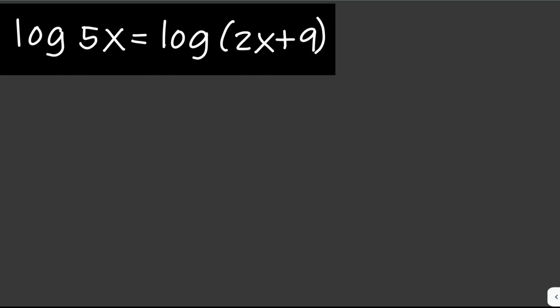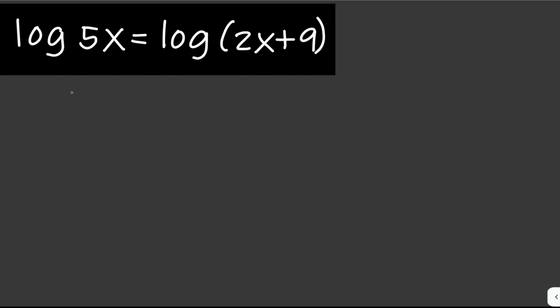Let's solve this. We're given logarithm of 5x equals logarithm of 2x plus 9. In this case, we can use the equality rule of logarithm, which says that if you have two logarithms with the same base that are equivalent, then what is inside the logarithms are equivalent to each other.